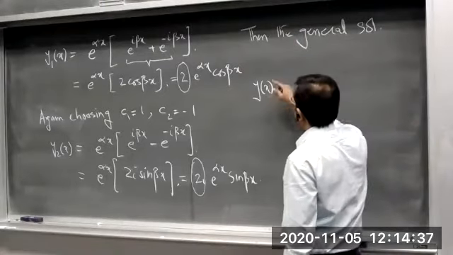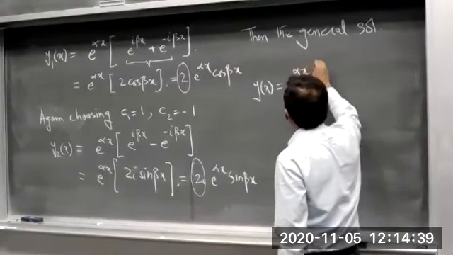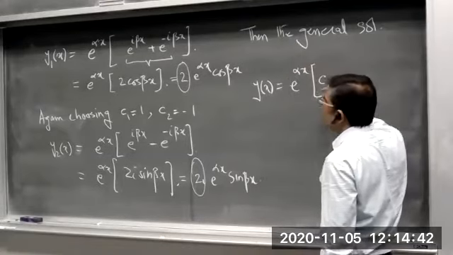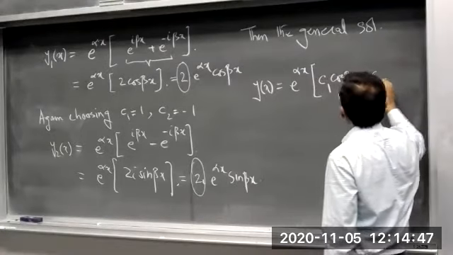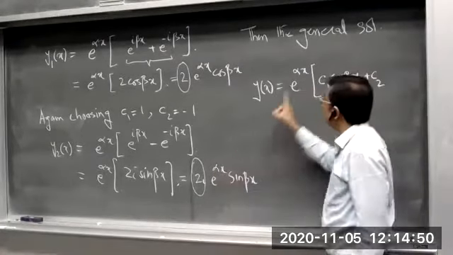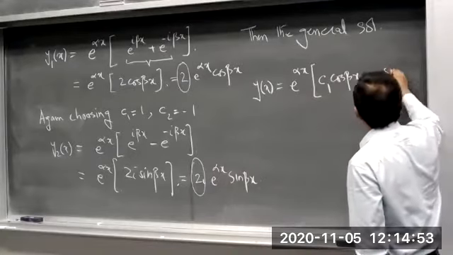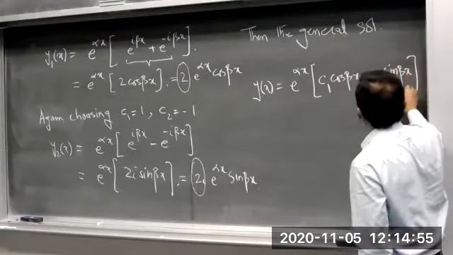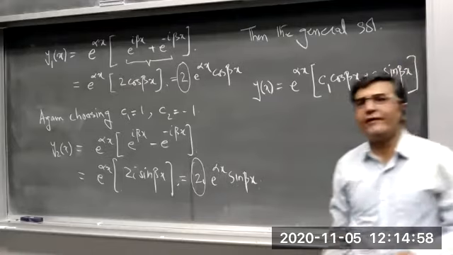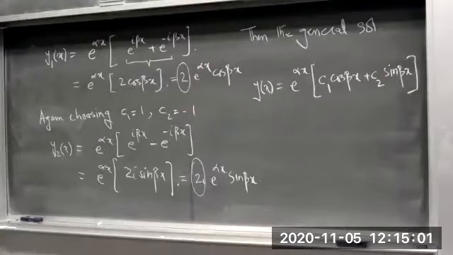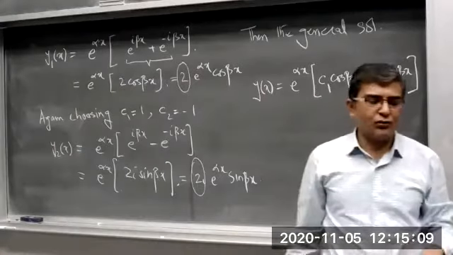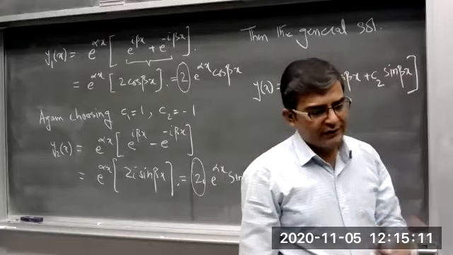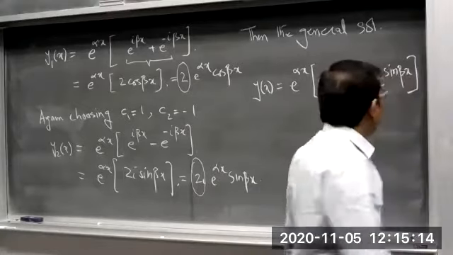So this is now y of x equals e raised power alpha x times C1 cos beta x plus C2 sine beta x. So this is the required general solution, in the more simplified form for the given differential equation in case 3, when we get the complex conjugate roots of the auxiliary equation or characteristic equation. I hope you get it.